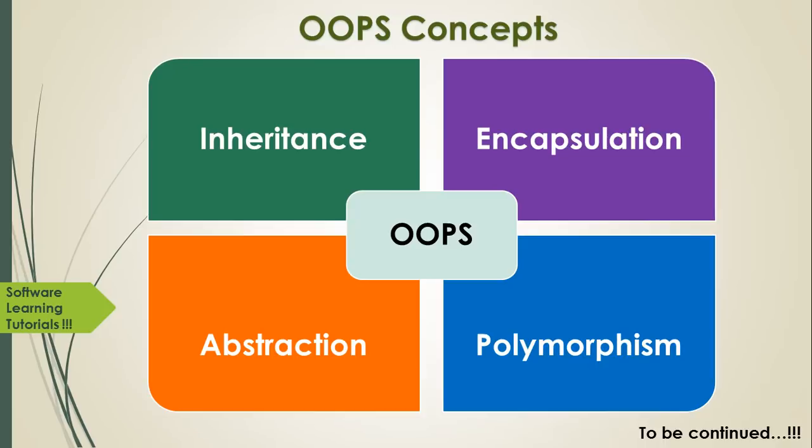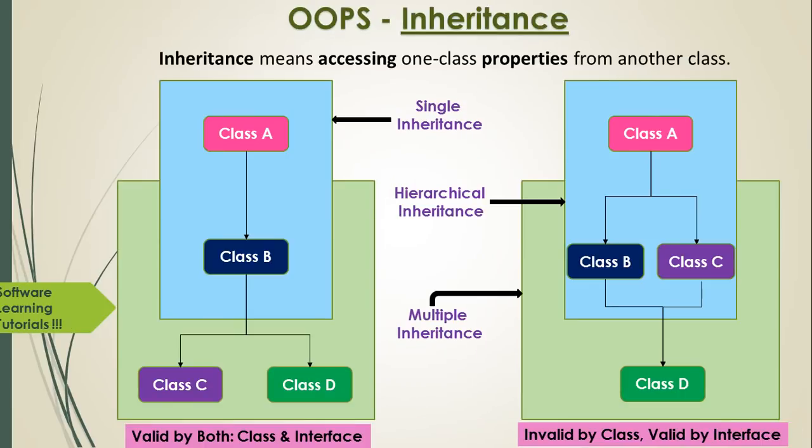So let me take you to the next slide, which defines what inheritance is. Inheritance means accessing one class's properties from another class, in simple words. I would normally give a few examples connected with the real world, like father and son.